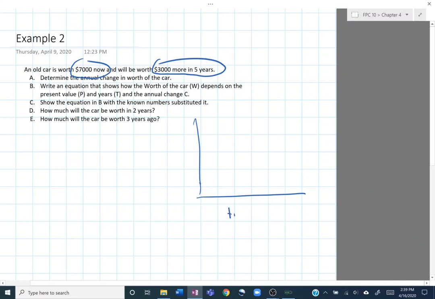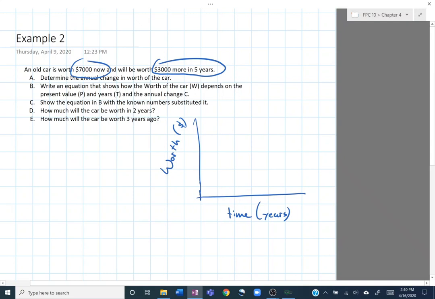We've got time, and this time it's in years on my x-axis, and I have the worth in dollars on my y-axis. So time right now, we'll call that 0.